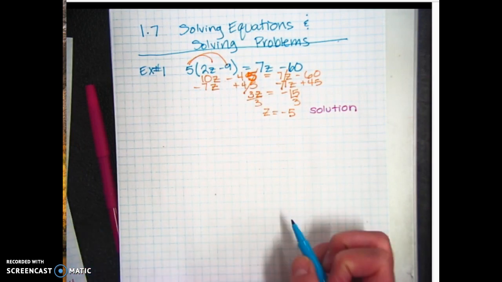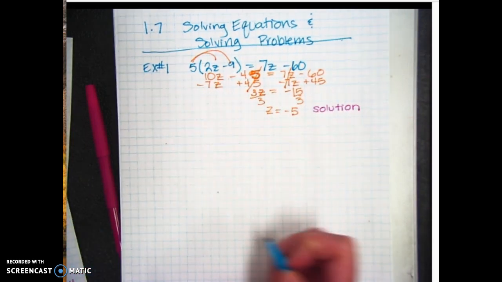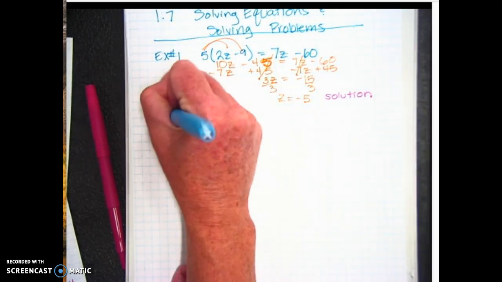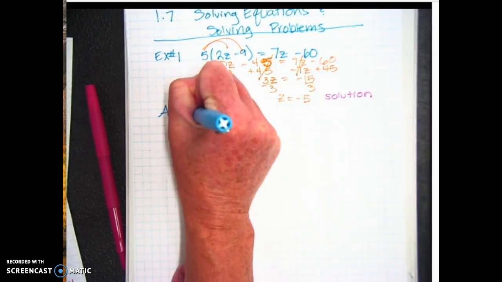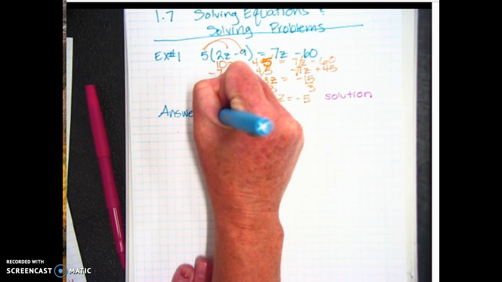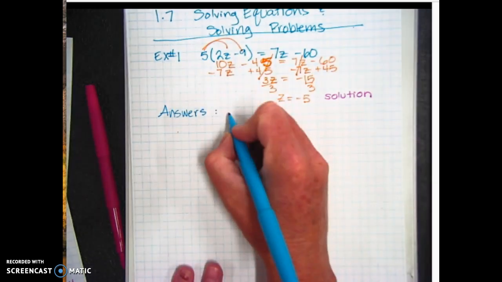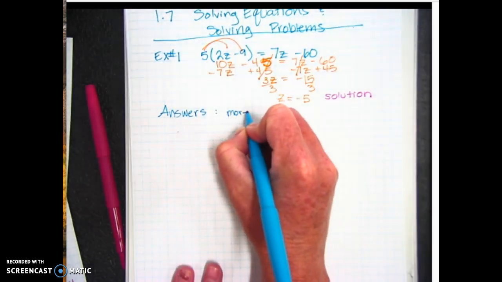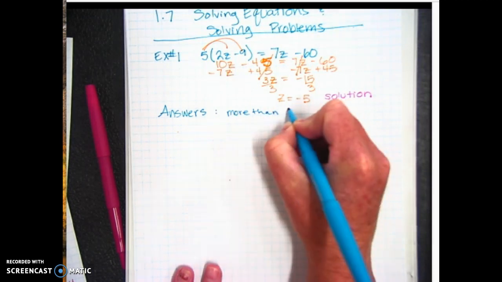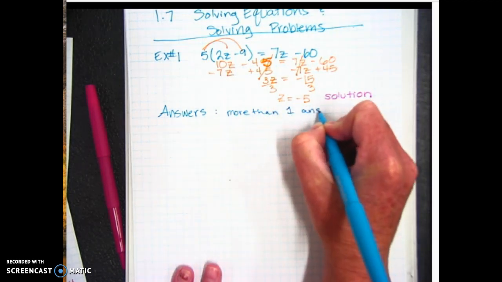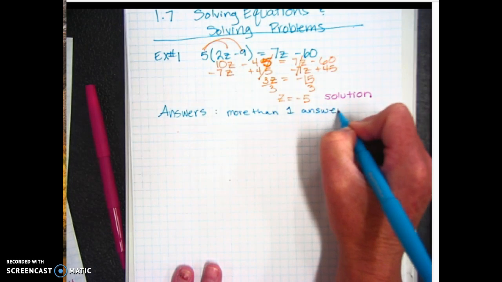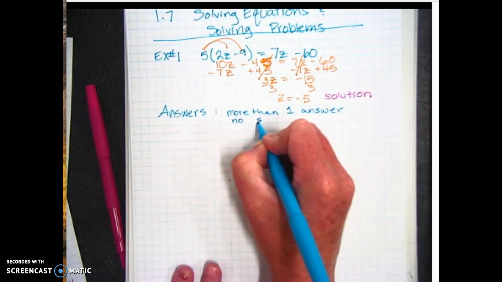Every once in a while, you won't get this nice, pretty solution. You'll get something weird. Your answers can be what we're going to call more than one answer. Or maybe you'll get no solution.